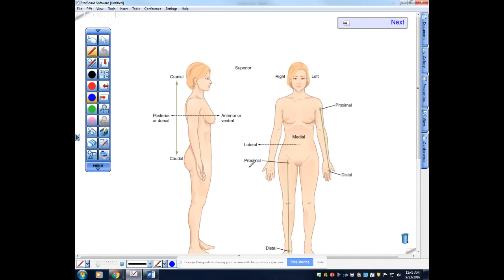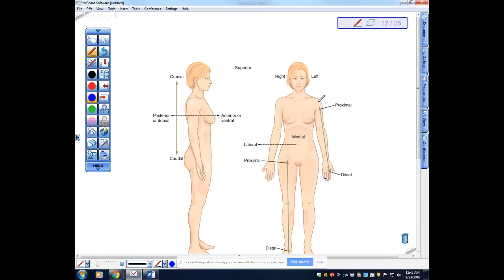And in your book, oh, I forgot one. So let's just look at these. We have right and left. We have proximal. So let's say the shoulder is more proximal compared to the elbow. The fingers are more distal than the elbow. So I'd say distal to the elbow are the fingers.